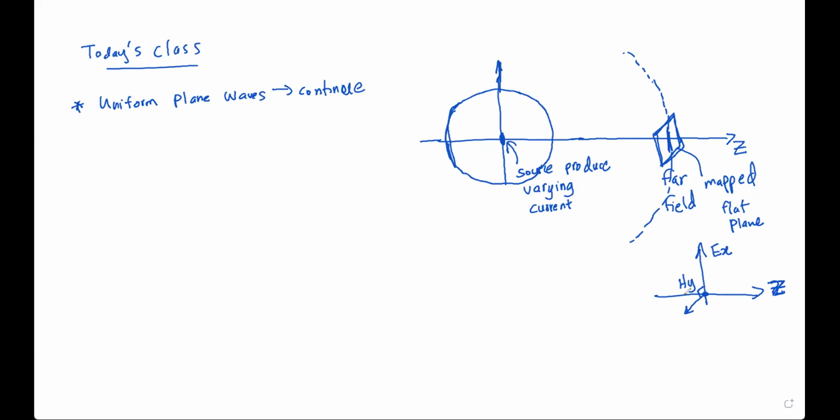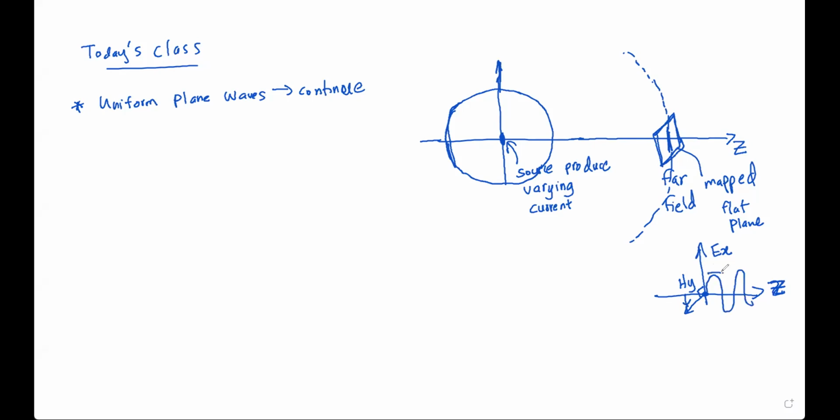So the magnetic field and the electric field generated in this plane will be perpendicular to each other. The wave that is propagated at this location is known as the uniform plane wave.